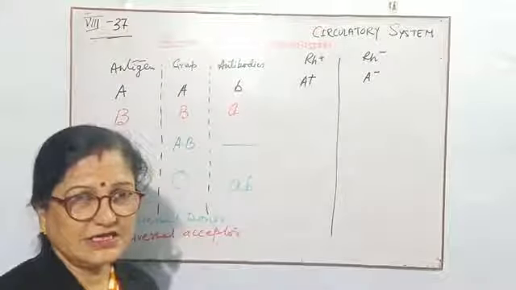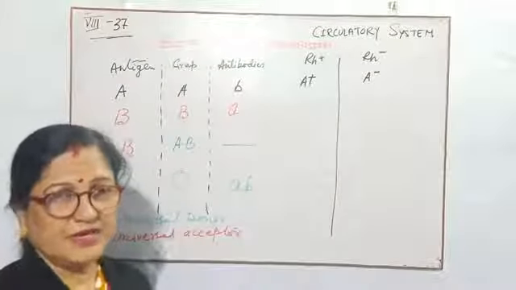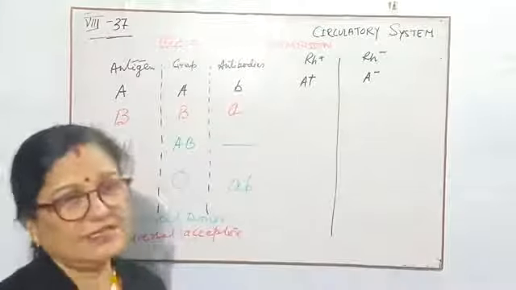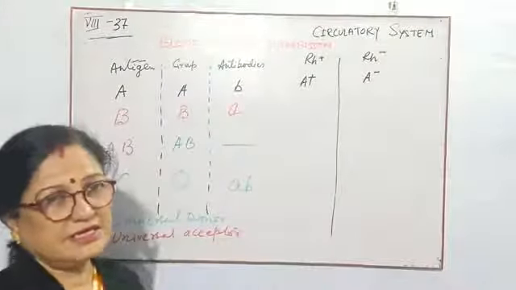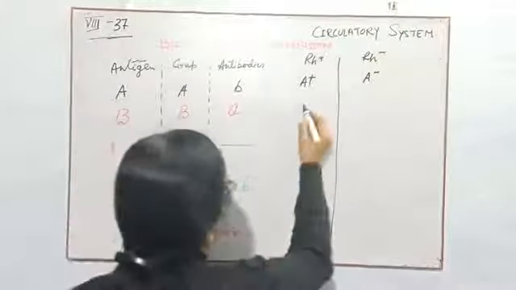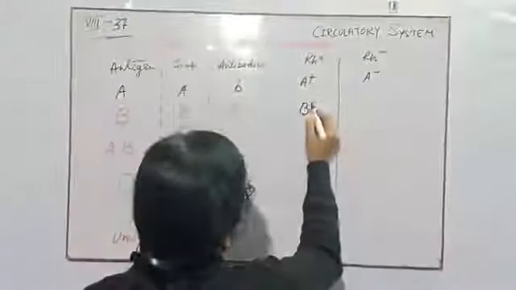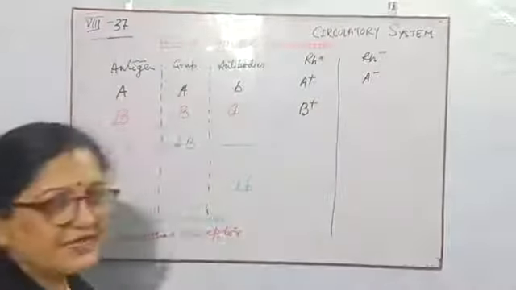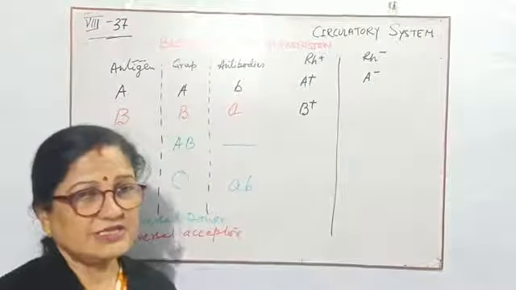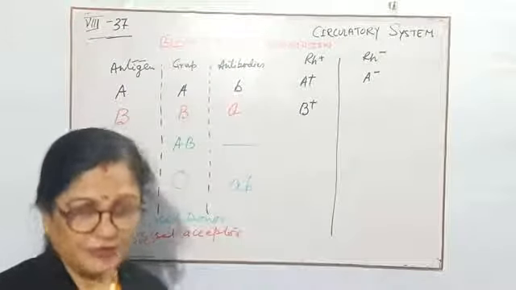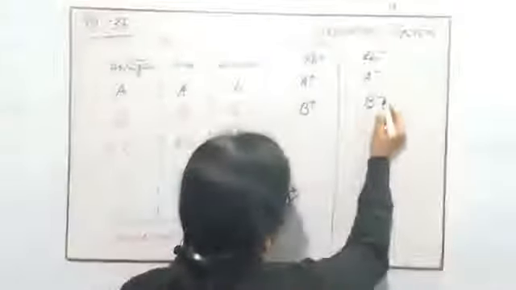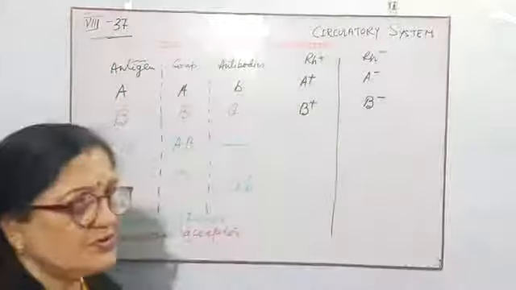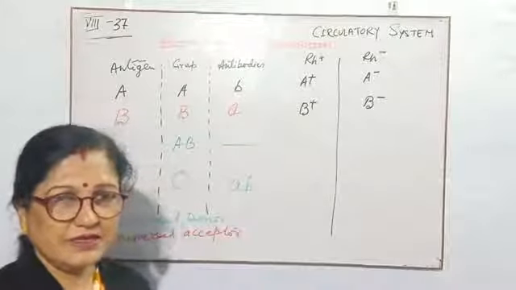A antigen is there, so blood group will be A. But if Rh factor is also there, then A positive, and if Rh factor is not there, then A negative. Same case, children, for B also. If blood group B has that Rh factor, then it is said to be B positive, and if that person has no Rh factor, then the blood group of that person will be B negative.